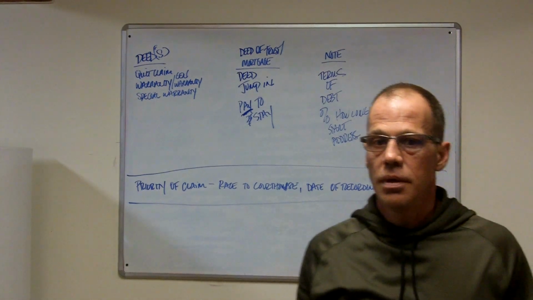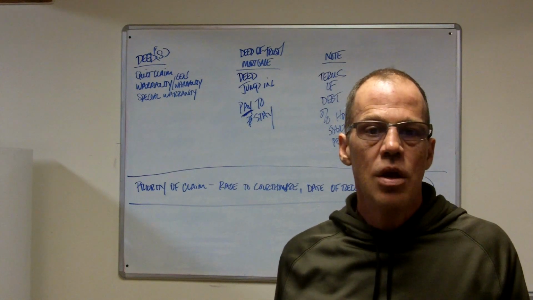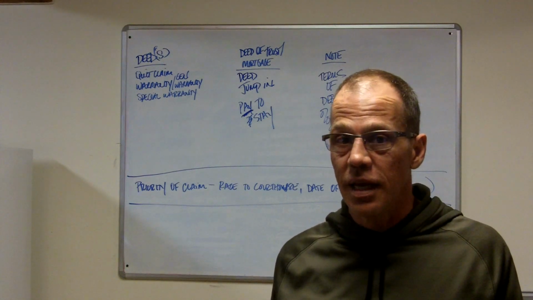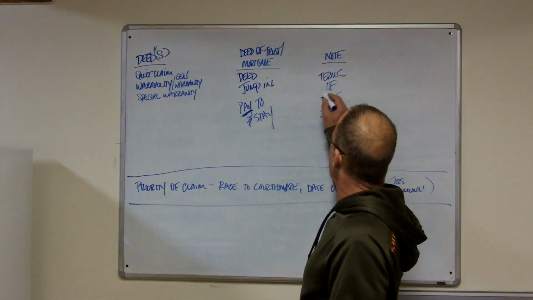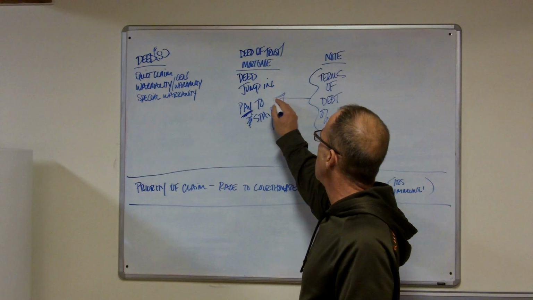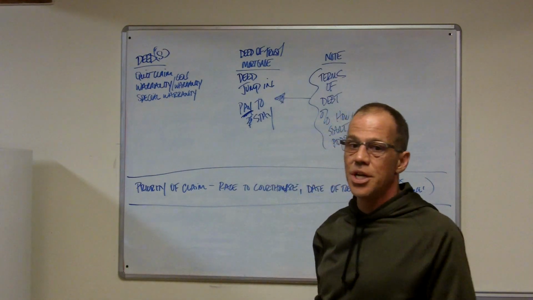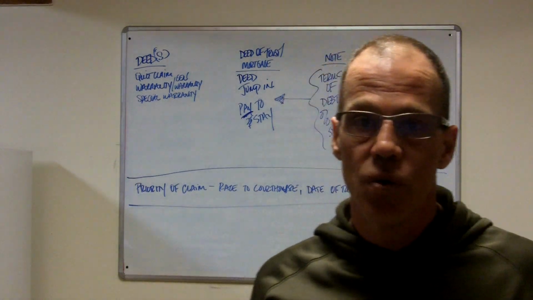The note is not attached to the property. The note is debt. It's basically a signature loan. However, even though it's not attached to the property, it goes hand in hand with the deed of trust, which is attached to the property and can foreclose.